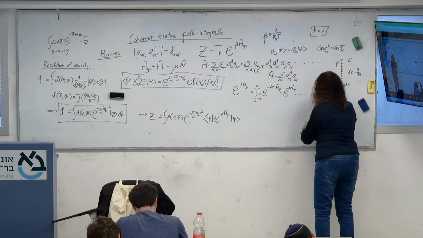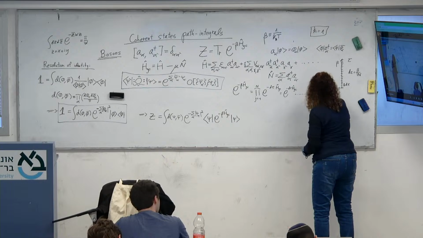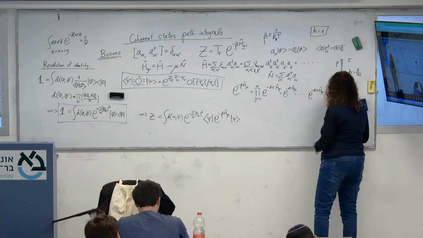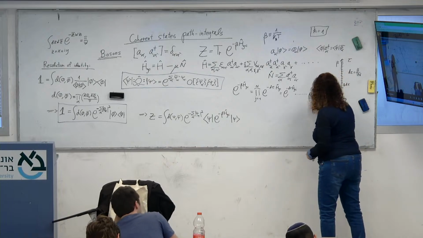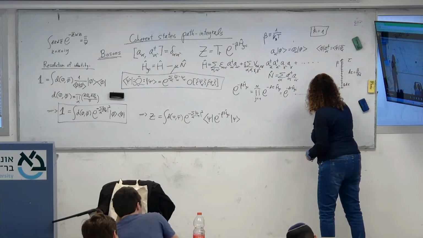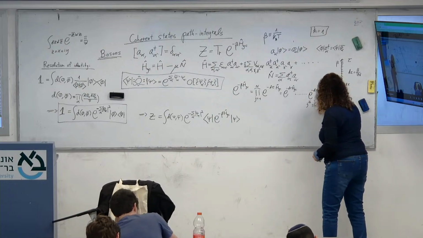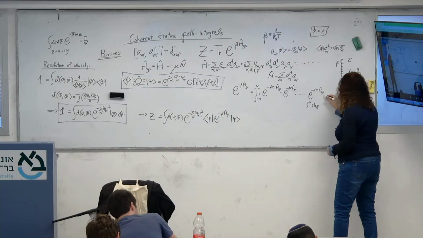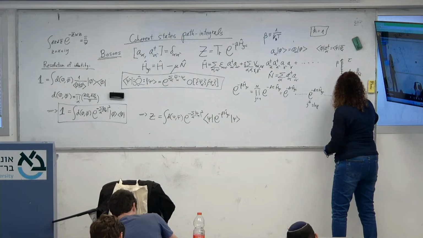Now in the jth place, I have e to the minus d tau h gc, this is the jth step, and this continues until the last e to the minus d tau h gc.